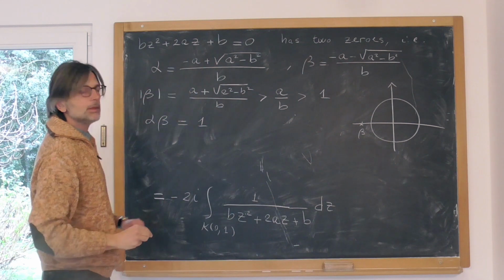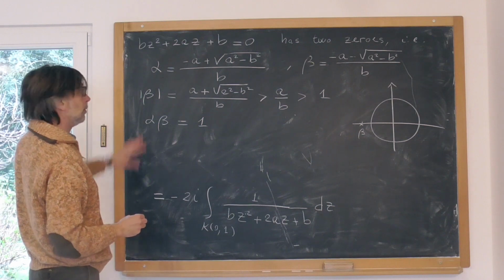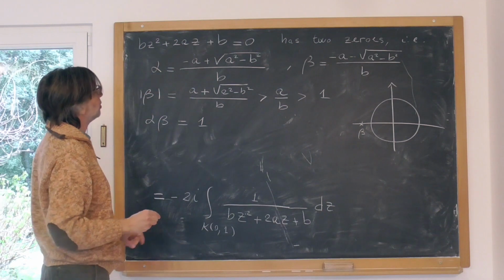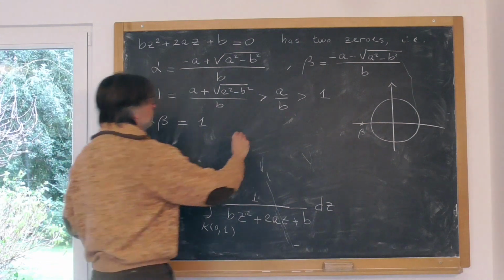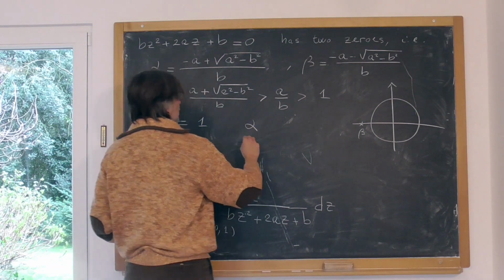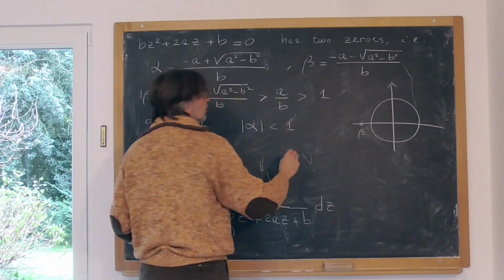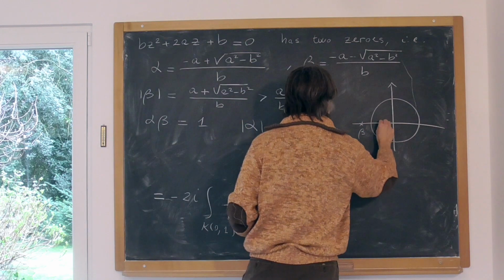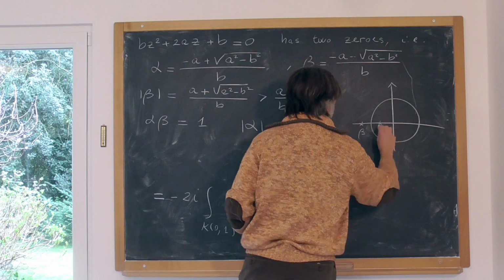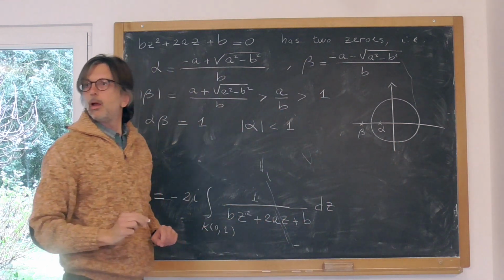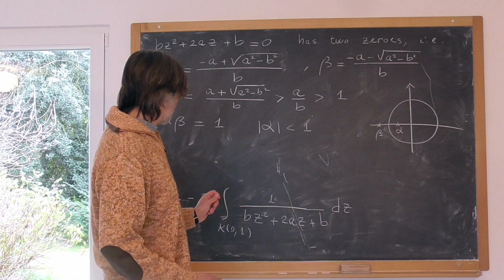If you multiply together these numbers, you get 1. So this you could also deduce from the form of the polynomial. And therefore, alpha is in absolute value instead less than 1. So alpha is still negative, but it's inside the unit circle.